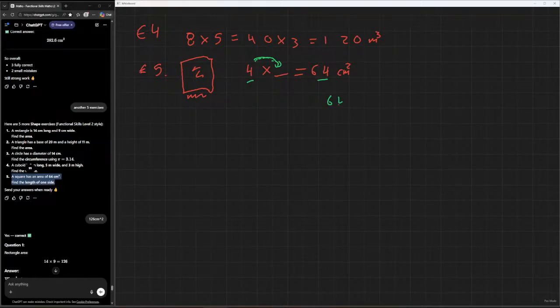64 divided by 4. So 1 times 6, 1 times 4 is 4, and is 2.